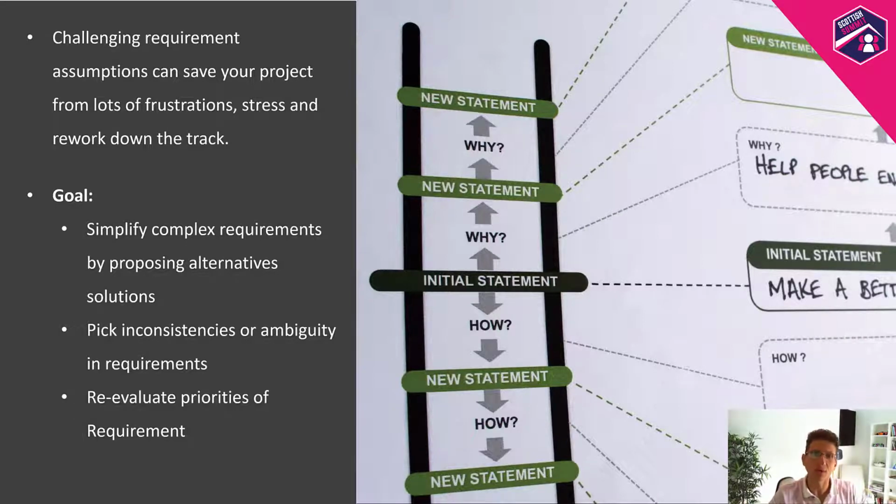Maybe that doesn't meet 100% of what the clients or your stakeholders exactly want, but at least it's manageable, and we can start, and down the track we can fine-tune that requirement or that feature so that it's less painful to manage or to implement.